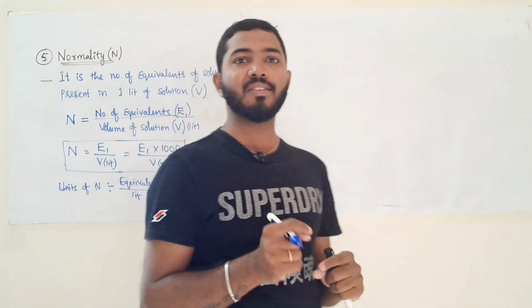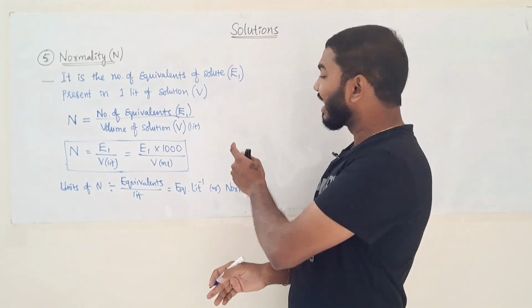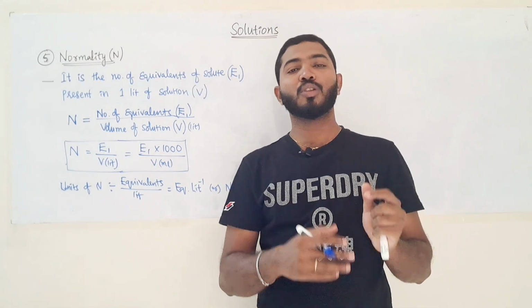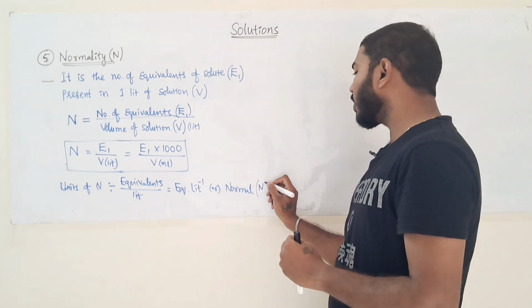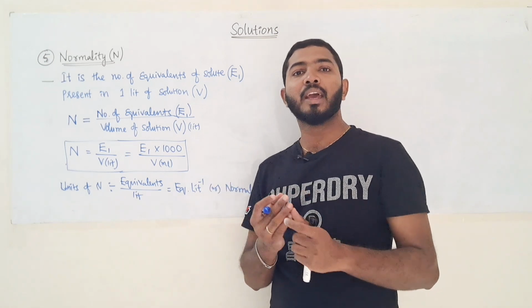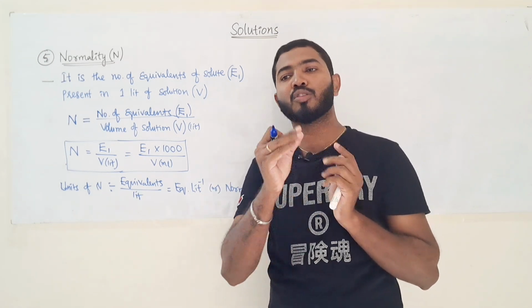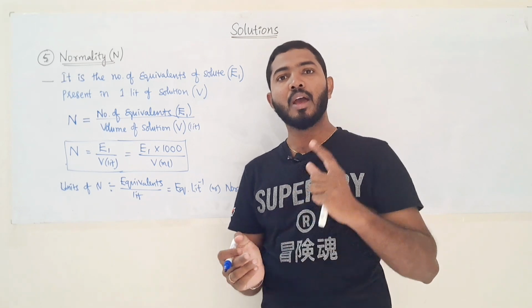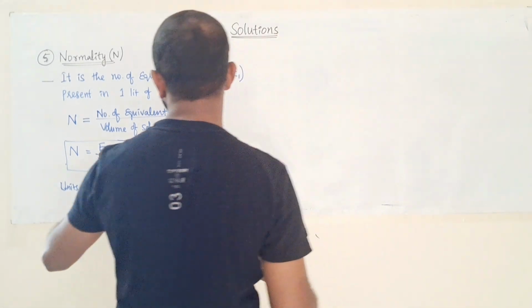Just as we discussed molar for molarity, here we discuss normal for normality. The unit for normality is normal, which we generally see in our books indicated with capital N. If we see capital N beside any number, it means that it is the value of normality.